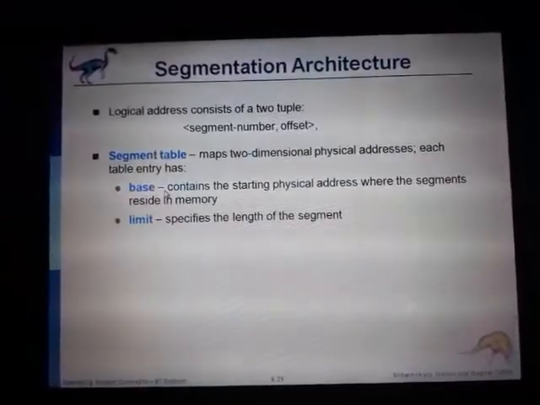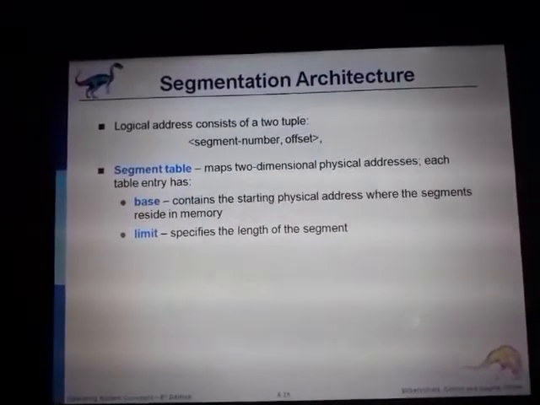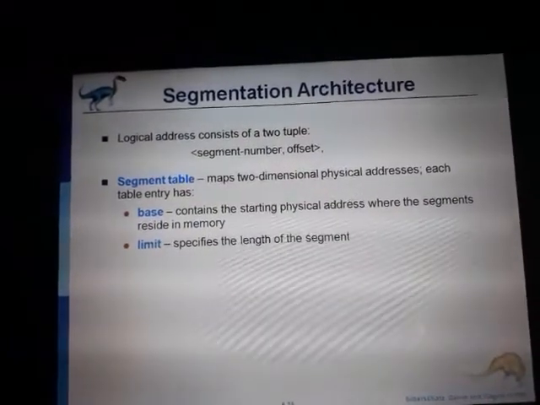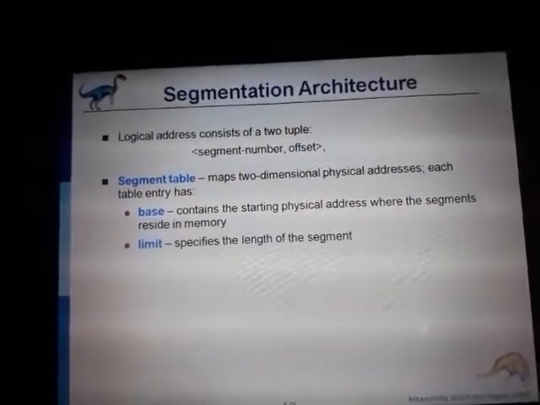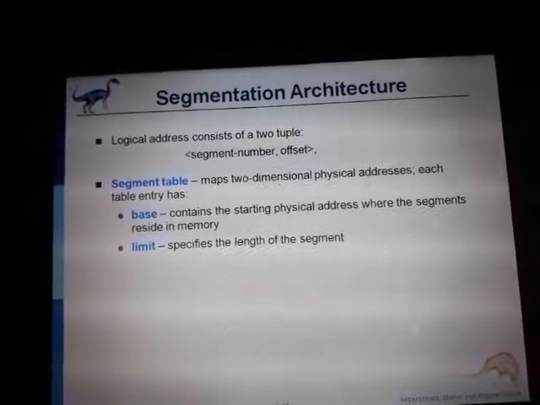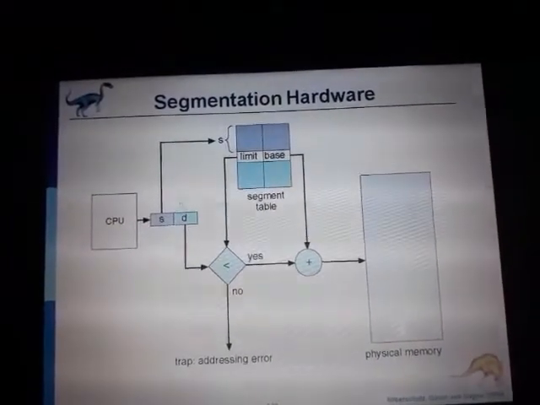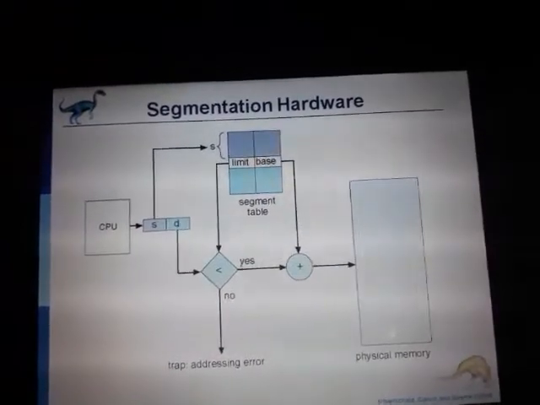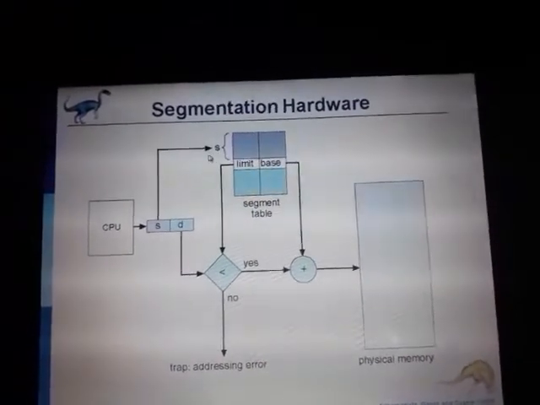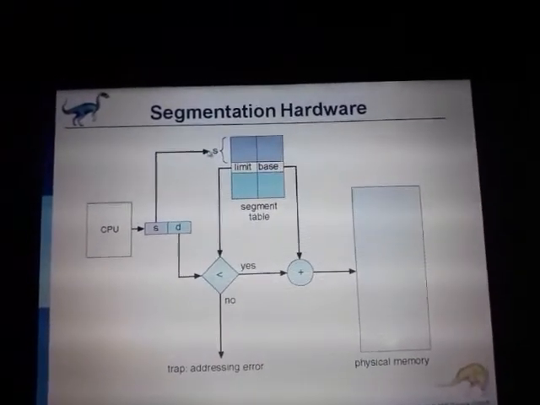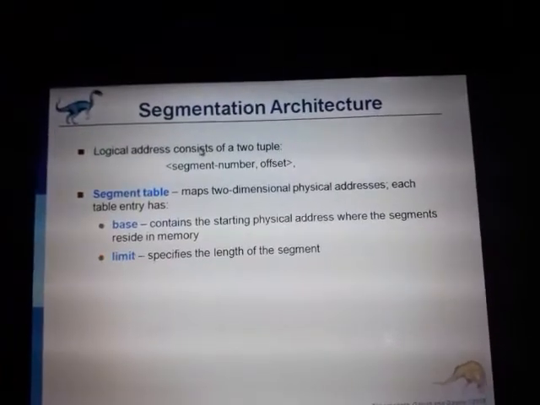This was covered in the previous slide, the segmentation architecture. The logical address is the segment number and the offset, that is, S and D. This is the segment number and this is the offset.